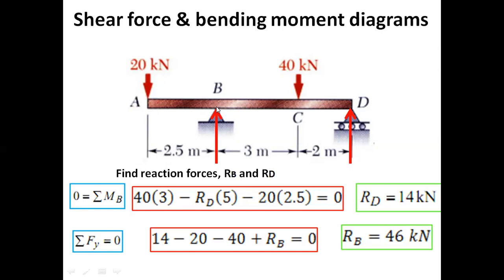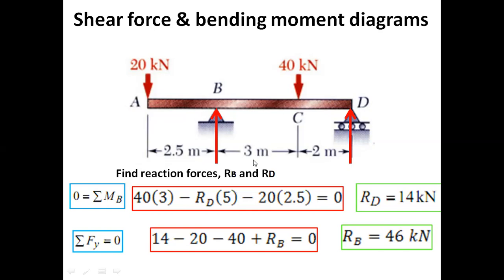We are taking the summation of all moments at point B. So 40, this load, times the perpendicular distance: this load is producing a clockwise moment, and I'm taking clockwise as positive. So 40 times 3, plus for the clockwise moment.